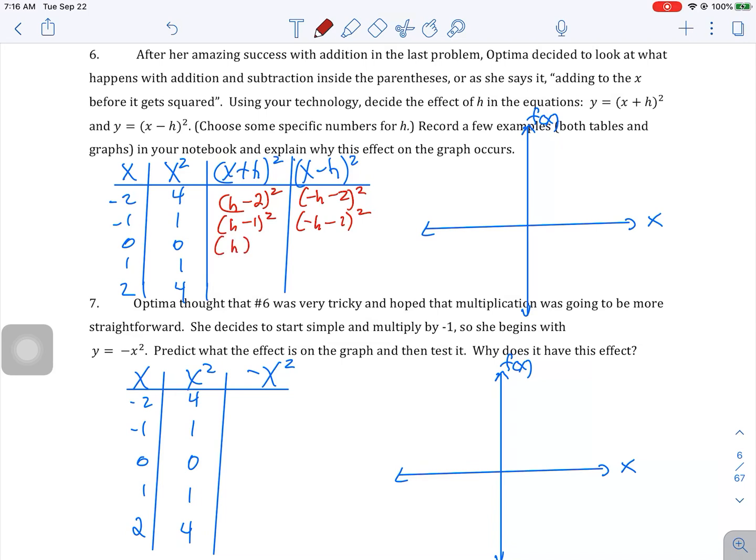This is going to be h squared, this is going to be negative h squared. This one's going to be h plus 1, and this one's going to be negative h plus 1 squared. This one's going to be h plus 2 squared, and this one's going to be negative h plus 2 squared.